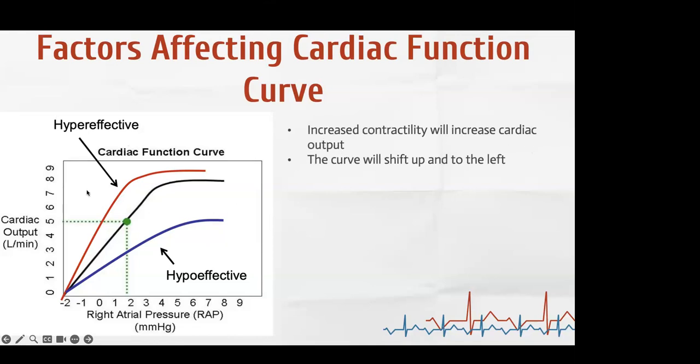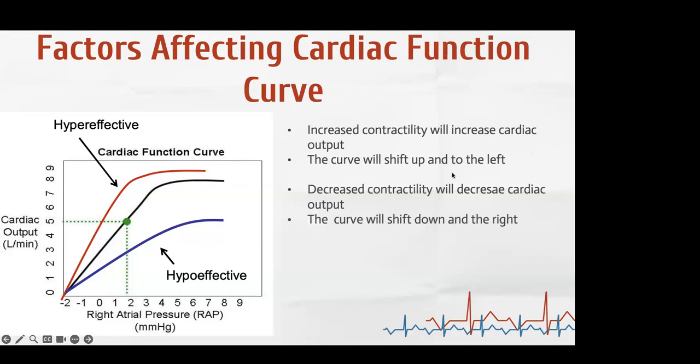The curve will shift up and to the left. Decreased contractility will decrease cardiac output. The curve will shift down and to the right. All clear? So the cardiac function curve is only affected by one thing, which is contractility. That's it. The vascular function curve, which is for the venous return, is affected by three things: blood volume, venous compliance, and arteriolar resistance.